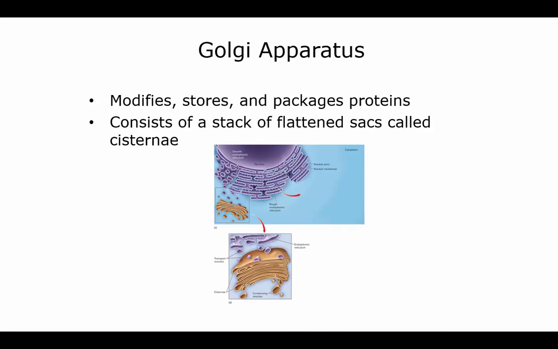The Golgi apparatus is where those proteins go after they're made and move through the ER. The Golgi apparatus is just a stack of flat membranes, like you see here, and those stacks are called cisterna. Those proteins are going to be modified and packaged and shipped off. So this is kind of like the mail room or the shipping department in a factory.